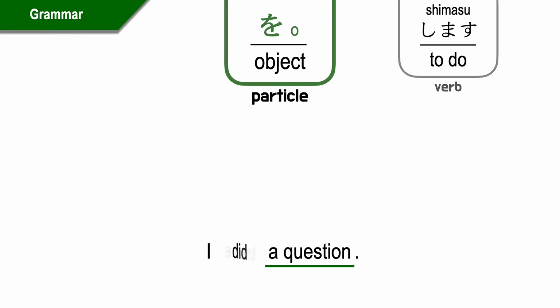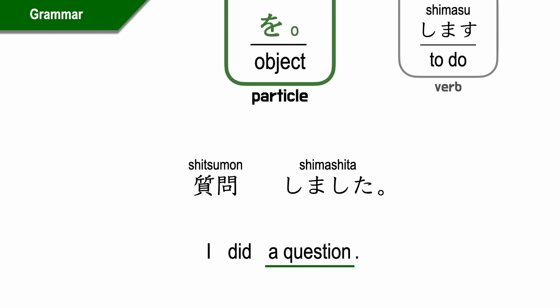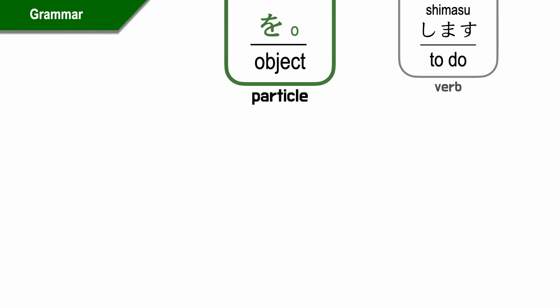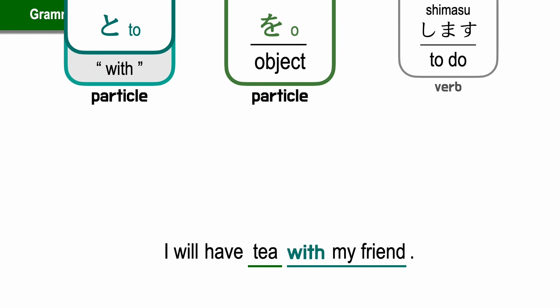In Japanese, one way to say this is I did a question. 質問をしました。I will have tea with my friend.